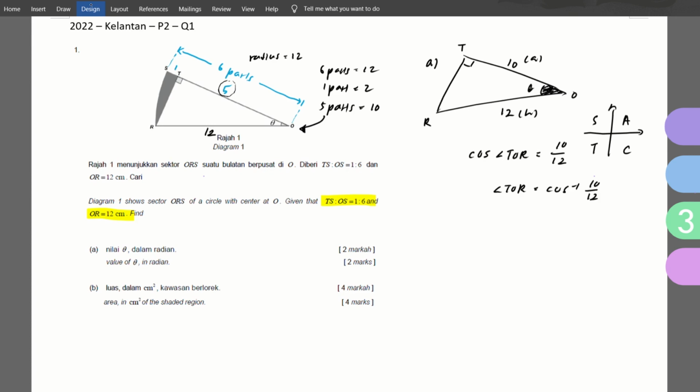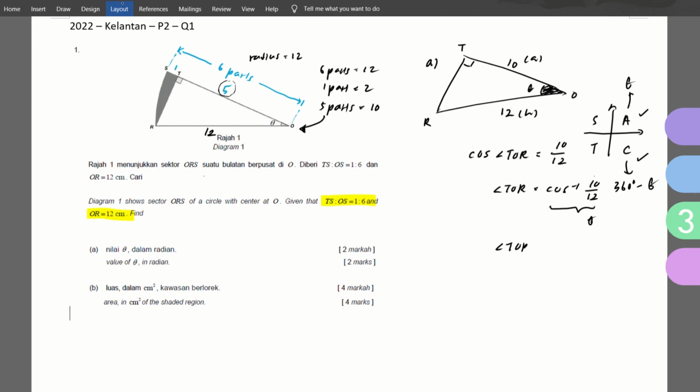And since we have cos and the value is positive, the correct quadrants will be these two. So let's assume this value is theta. For A, we just use the original value, which is theta. But for C, we need to use 360 minus our theta.